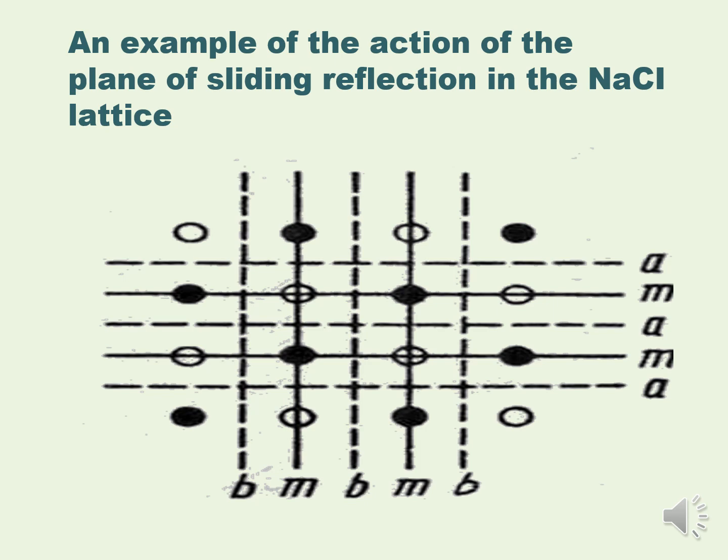The sliding reflection planes are conditionally represented as dashed or dotted lines. You can see here. They are denoted by the symbols A, B, C when the gliding is directed along the X, Y, Z axis respectively, and its value is A derived 2, B derived 2, C derived 2.